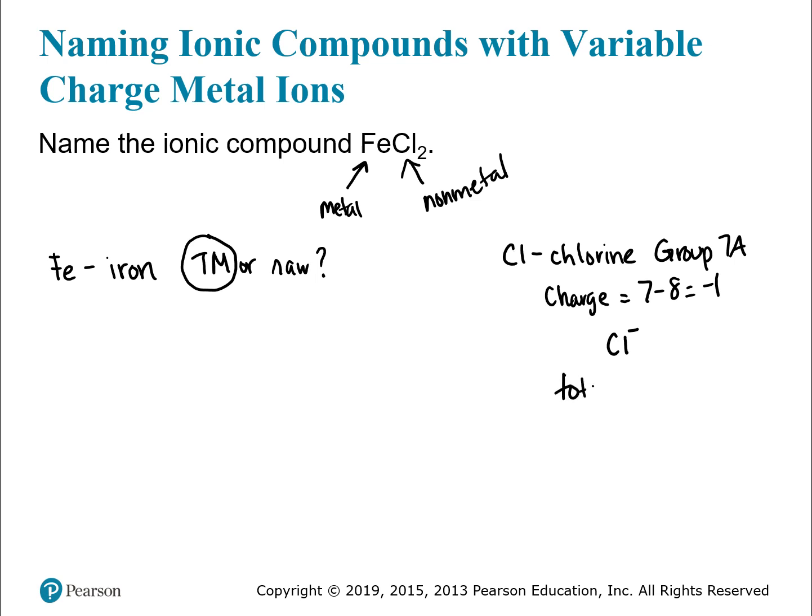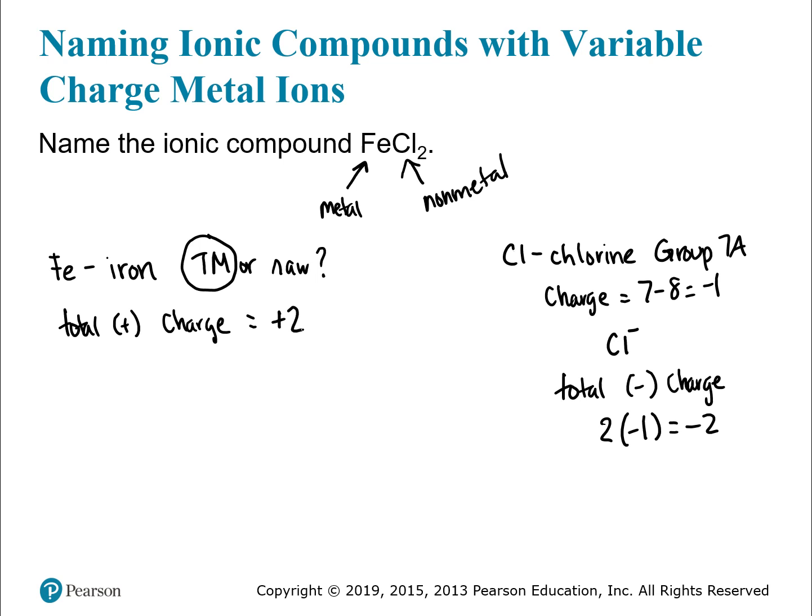So our total negative charge is 2 ions times the charge of -1, which is -2. That tells us that our total positive charge has to be +2. And there's only one iron ion in this formula. So it has to be a charge of 2 plus.